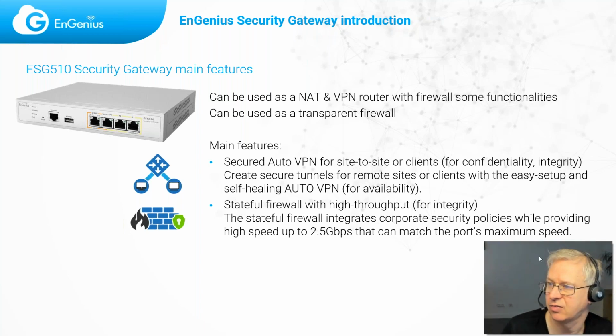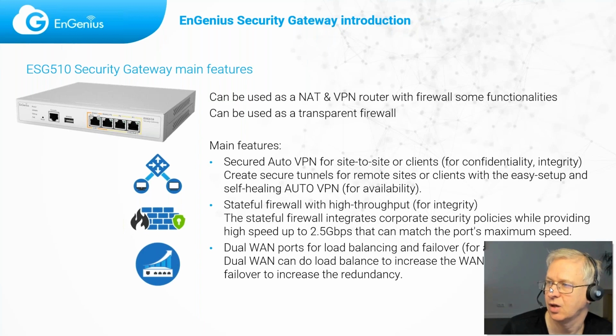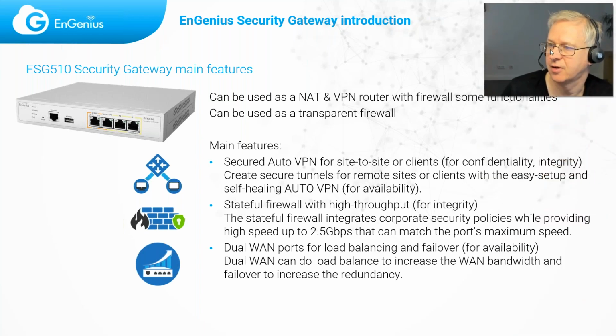And it can actually saturate our 2.5 gigabit ports. And lastly, we have our dual WAN ports for load balancing and failover, again for availability, and that's also part of the availability of our auto VPN.